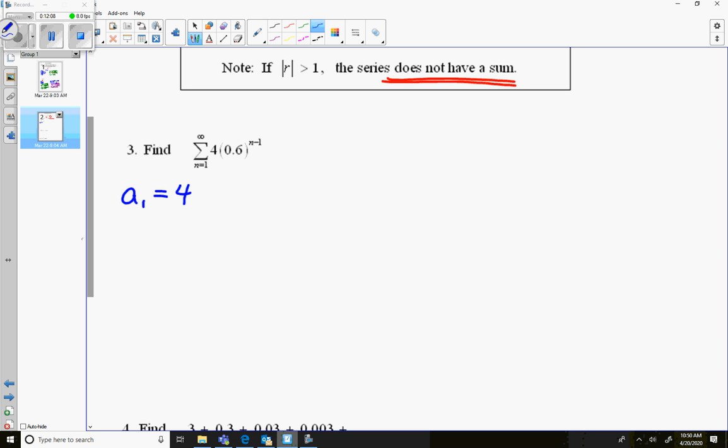Common ratio is going to be the 0.6, and we don't need an n this time, it's infinite. So our sum is simply a1 over 1 minus r. So 4 over 1 minus 0.6.